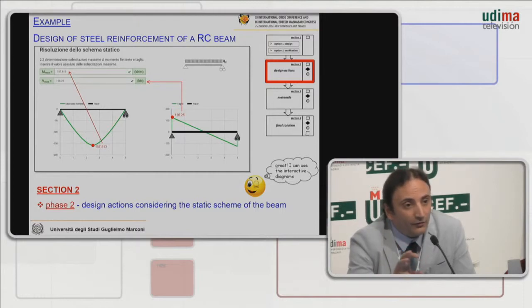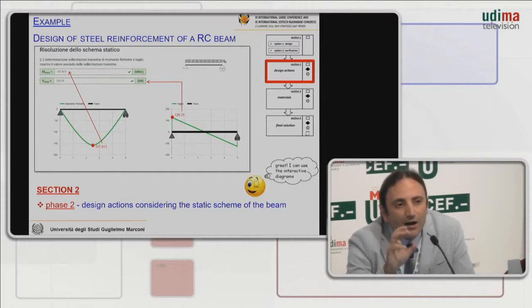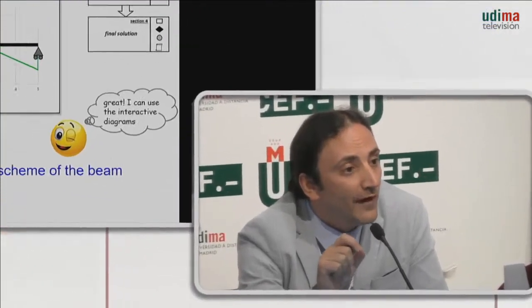This second phase is characterized by interactive diagrams of the design actions, which help students select the maximum values of the design actions and introduce them in specific cells of the window.